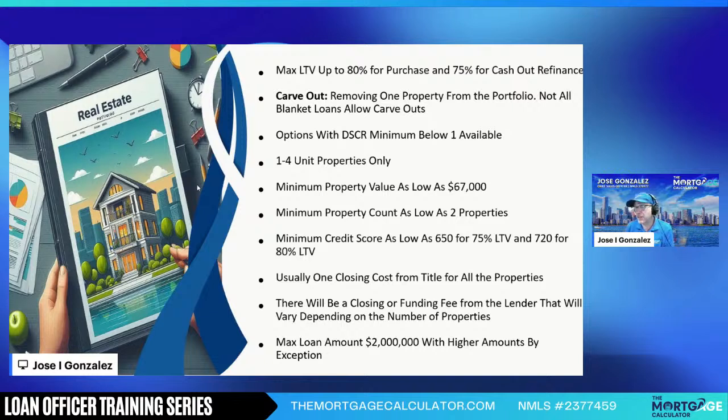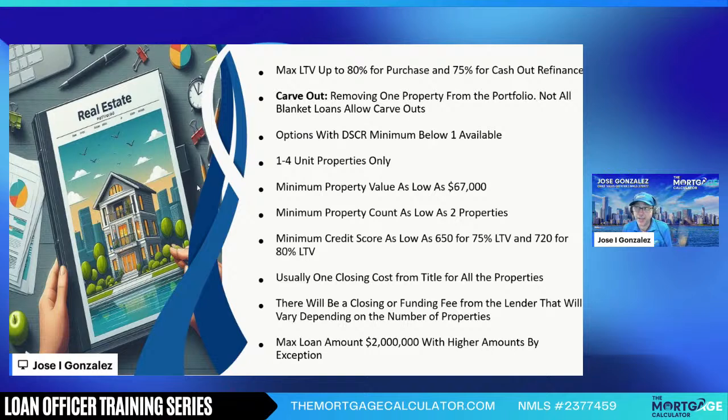And I was mentioning there, we do have options where the loan allocated amount per property could be as low as 50,000. That would be 67,000 minimum property value, 50,000 minimum loan amount. That same option, we can have a minimum property count as low as 2. However, that's also the option that only goes up to 75%.